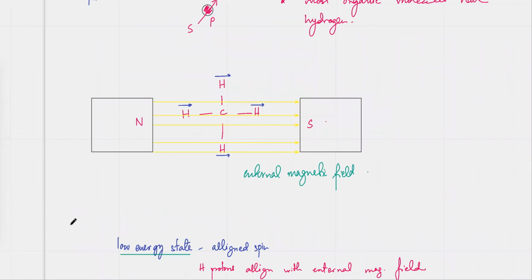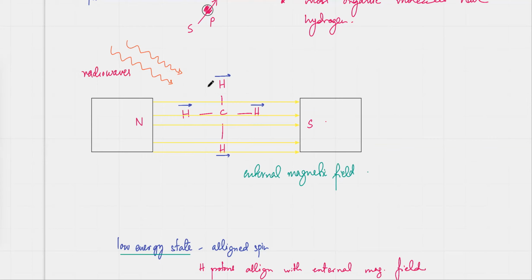Now, this is the default state. Just like a compass needle, all the compasses would start pointing towards the Earth's north. The same thing happens over here. All the hydrogen protons would do exactly the same. Now, what happens is you can make these protons energetic. You can give them energy in different ways. What you could do is give them energy in the form of radio waves.